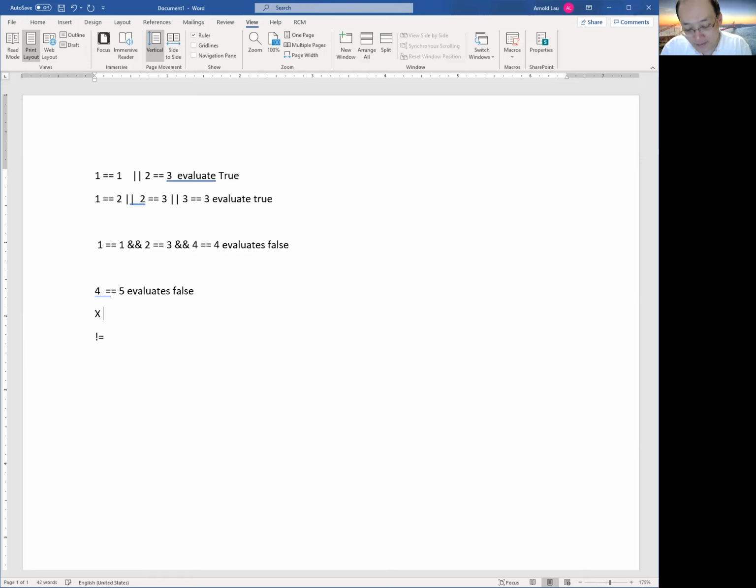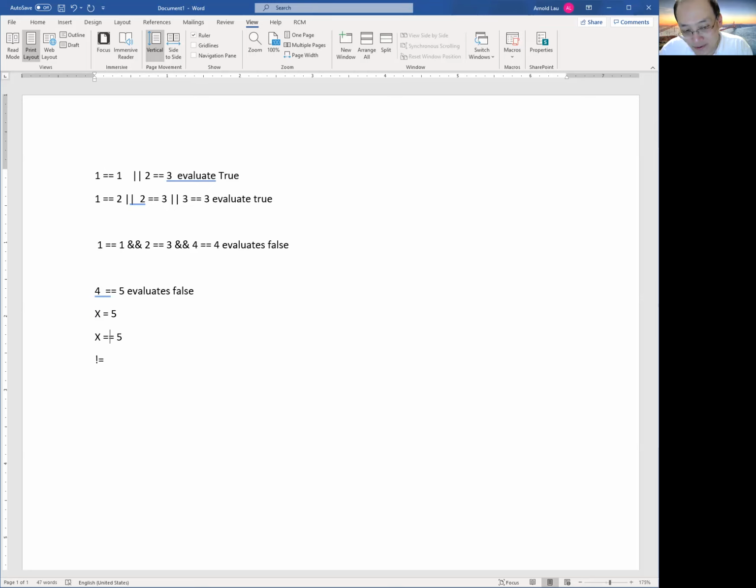Actually, I should use a variable: x == 5. That's going to be different than x = 5. So this one, x = 5, is taking x and setting it equal to 5.